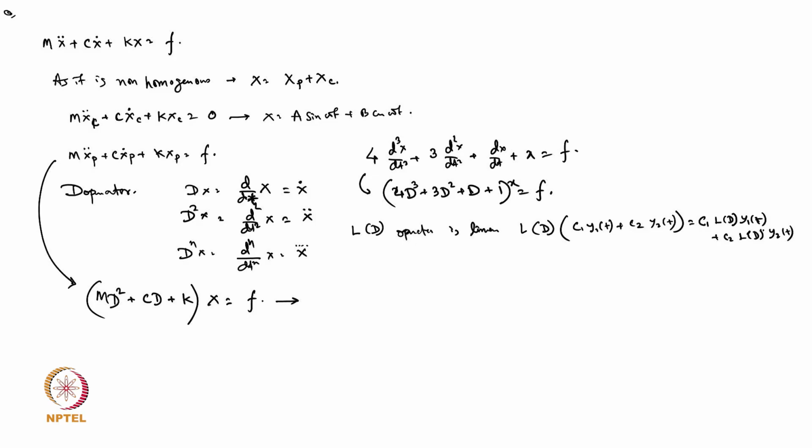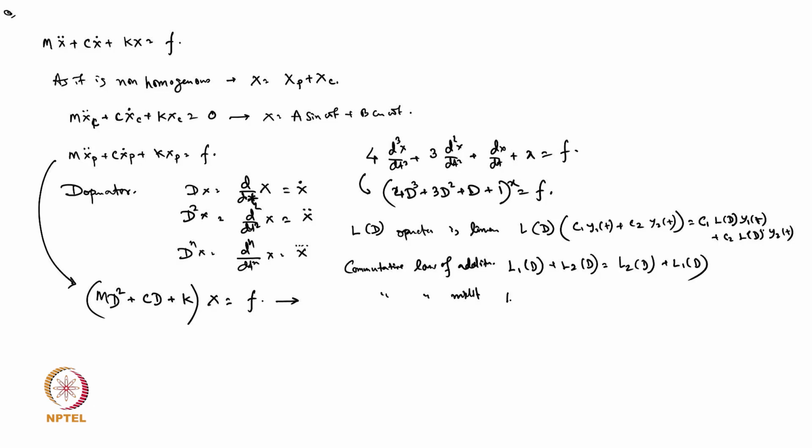Then we have the commutative law of addition. That tells us L1(D) plus L2(D) will be equal to L2(D) plus L1(D), and the same thing is applicable for the commutative law of multiplication as well.